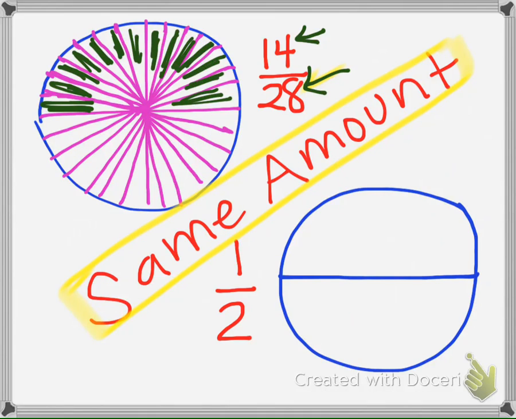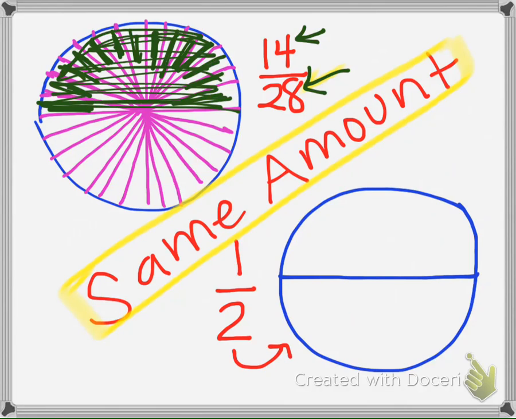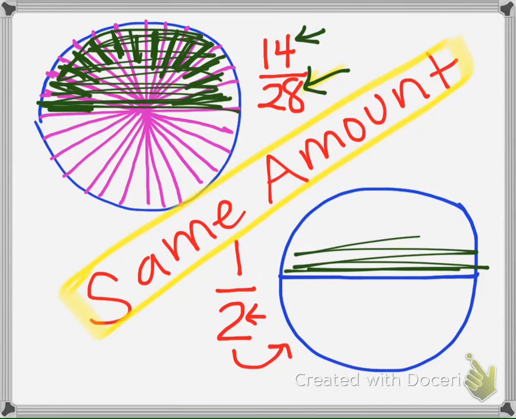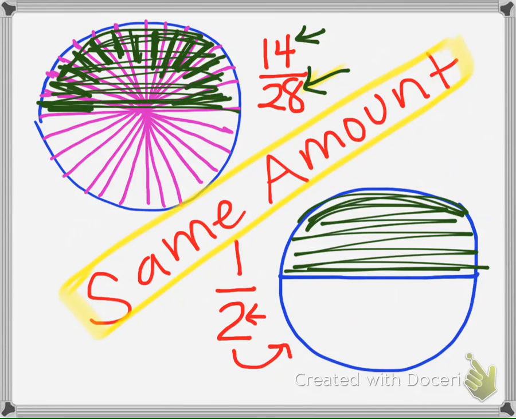So that's what 14/28 looks like. Now, our answer was 1/2. So that says that we're going to cut the whole thing into 2 pieces, because this is a 2, and then we're going to shade one of them. So as you can see, they are the same.